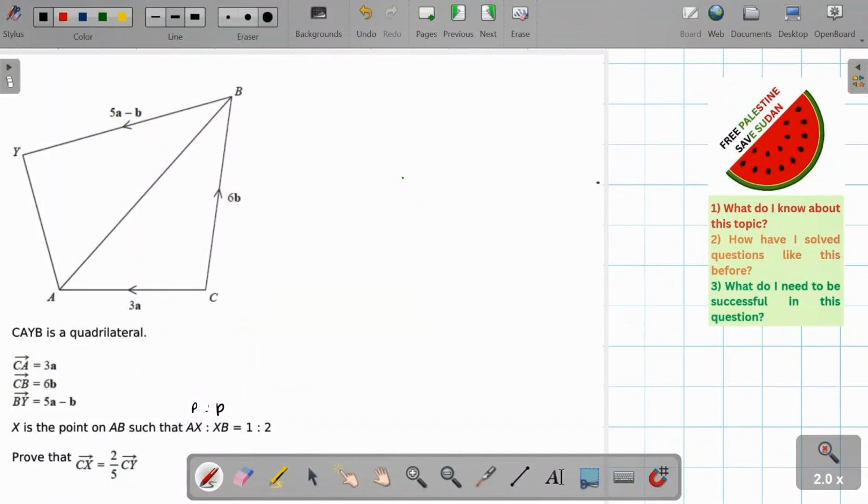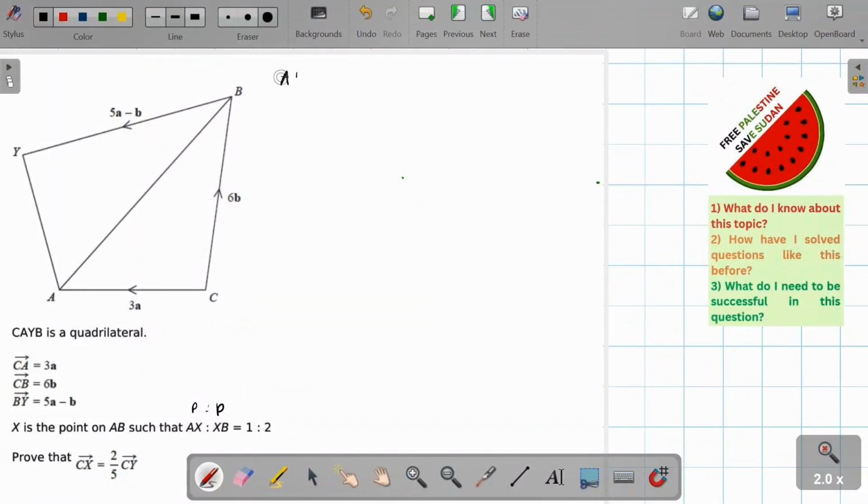So the first thing I'm going to do is find AB, because ABC is a triangle and I have vectors for AC and CB, which are two of the three sides of the triangle. So I'm going to find the third one.